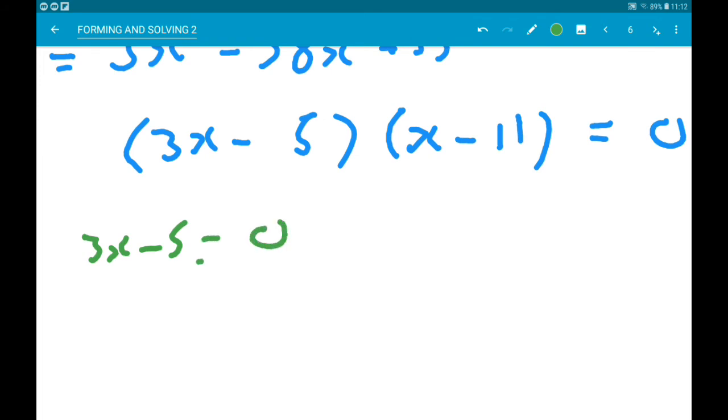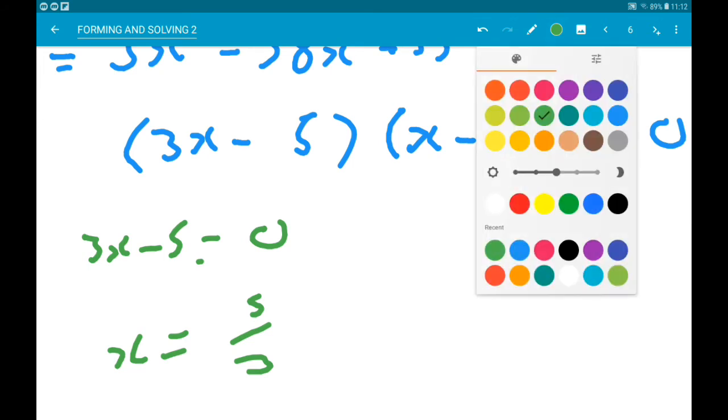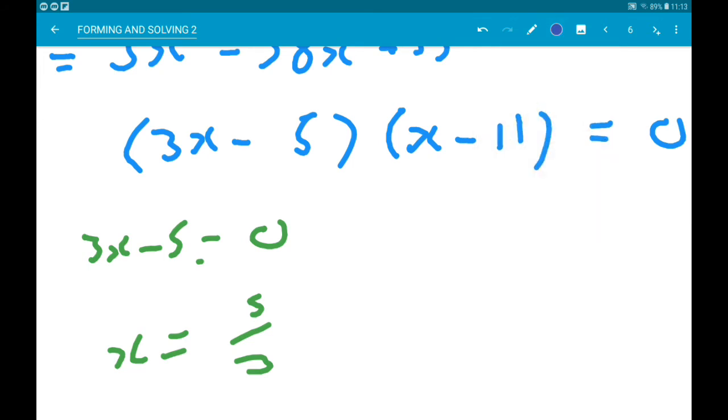Add 5, divide by 3, we get x is 5/3, or on the right, x minus 11 is equal to 0. Add 11, x is equal to 11.